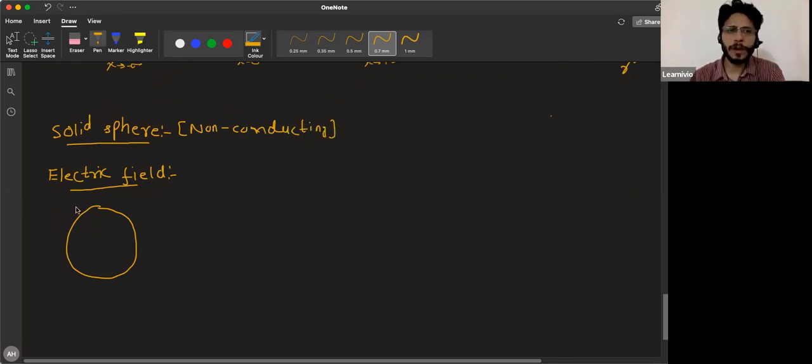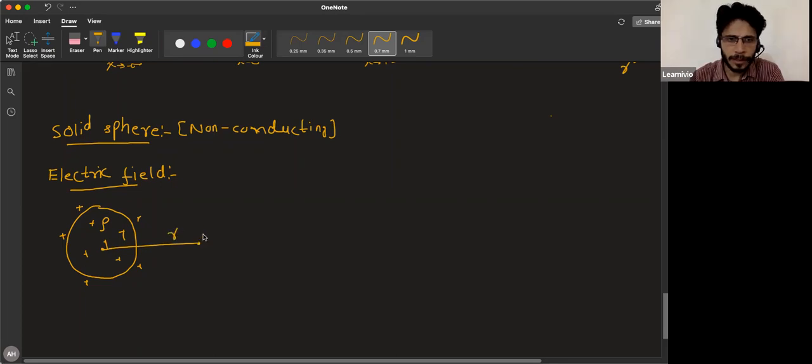So this solid sphere has some charge on its surface, and charge is also distributed inside the sphere. So the type of charge density that we'll be using for this solid sphere will be rho. So it will have volume charge density of rho. You're supposed to calculate electric field due to this sphere at a distance r.